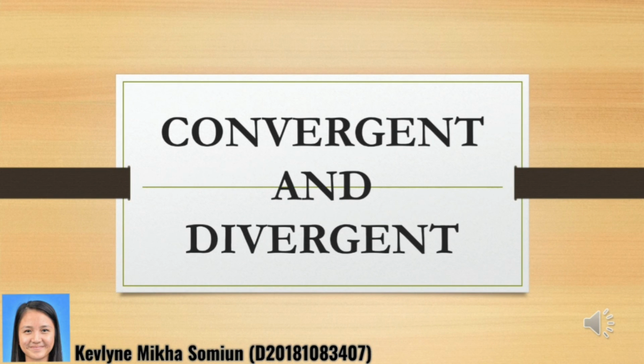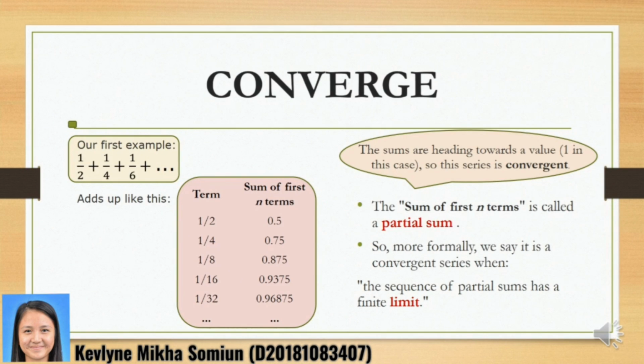Now, let us see what it means for a series to be convergent and divergent. For convergent, let's add the terms one at a time. When the sum of the first n terms approaches a finite value, the series is said to be convergent.